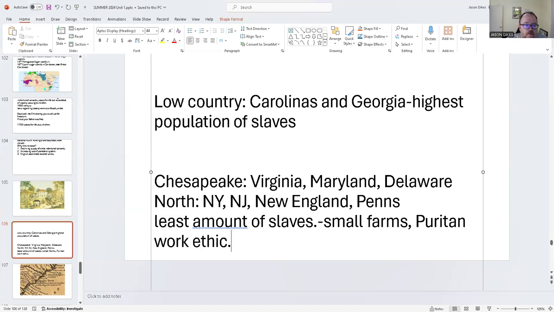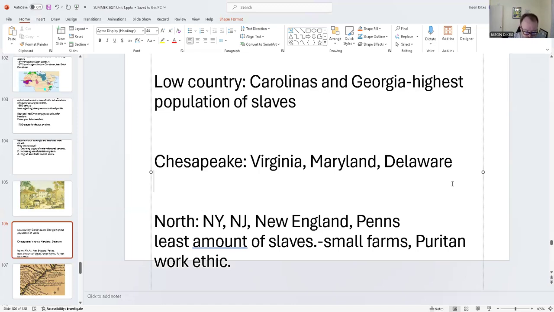And there was some moral objections to slavery as well in the North. So the general rule of thumb is the further north you go, the fewer and fewer slaves you're going to find. And then as far as a middle ground, the Chesapeake area, not as many slaves as the Low Country, but certainly more slaves than what you would find in the northern areas. Okay.